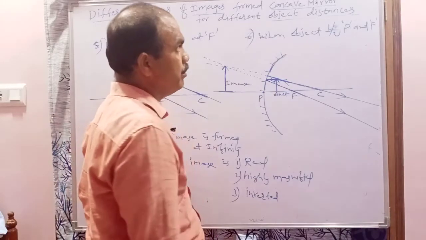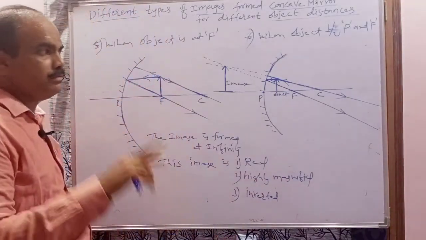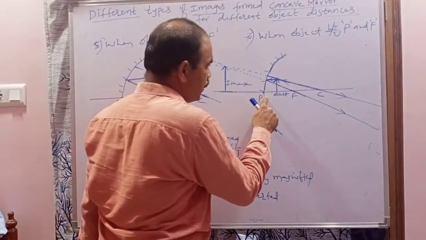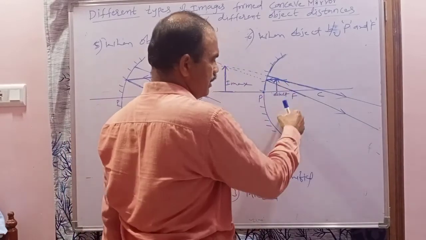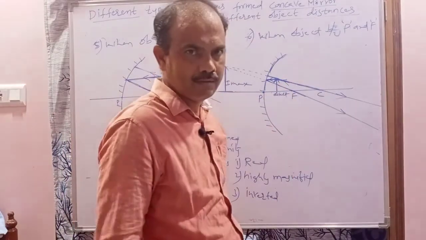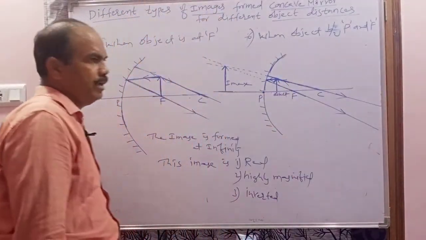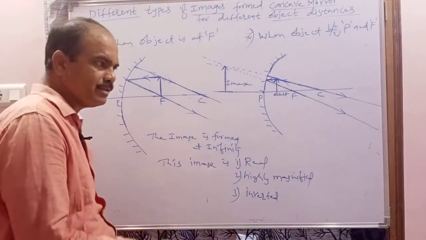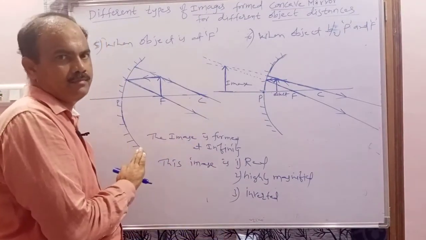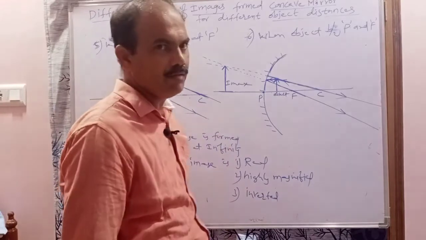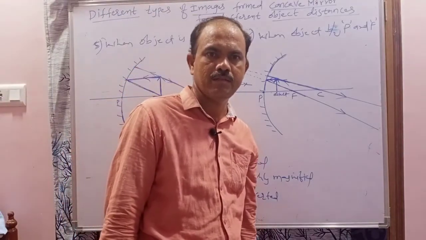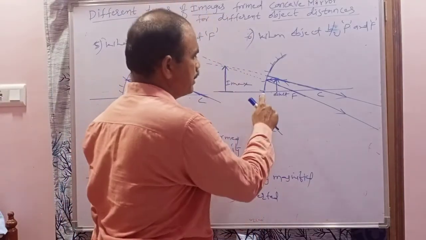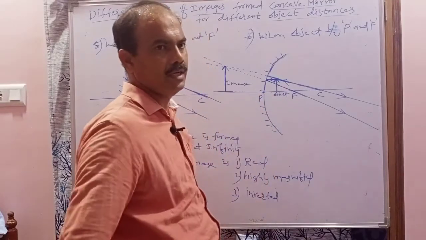Only the concave mirror can form the virtual image when the object is between pole and focus. This is also a very important case. The concave mirror can form the real image as well as the virtual image, but when does it form the virtual image? When the object is between pole and focus.